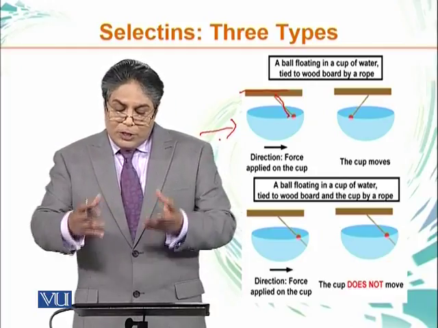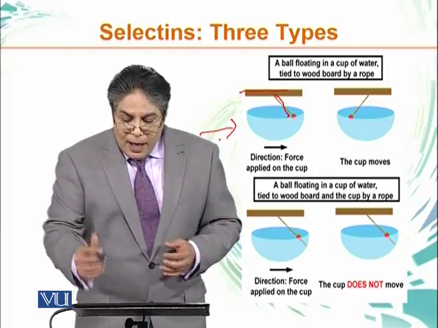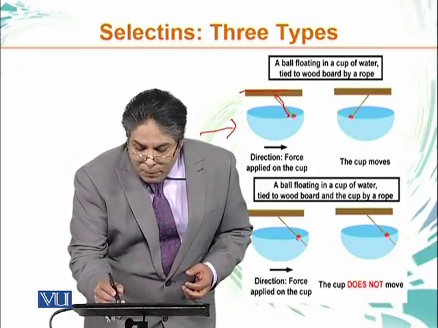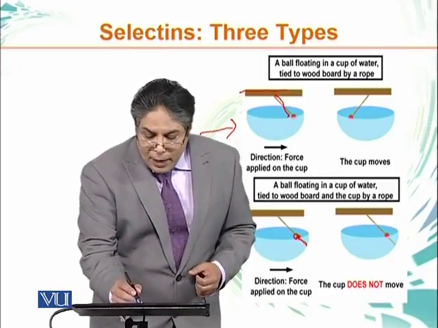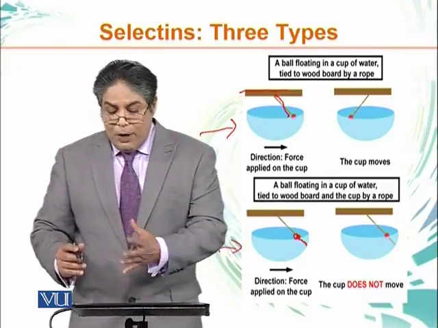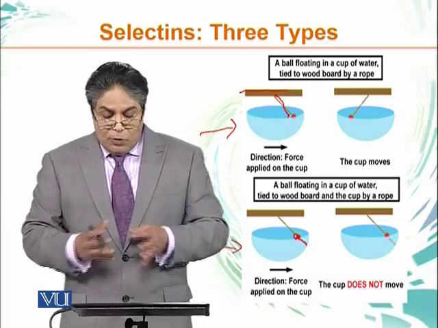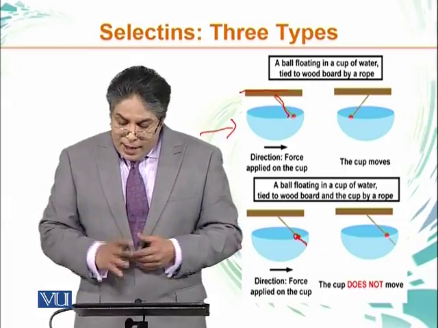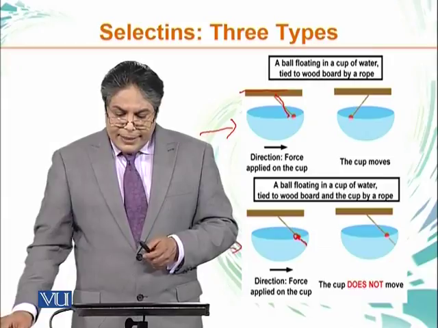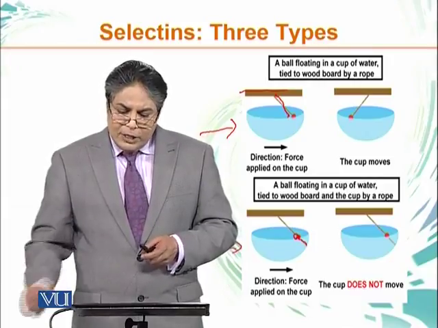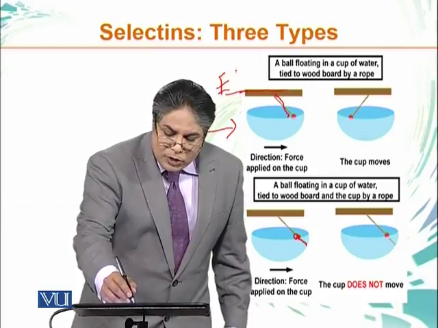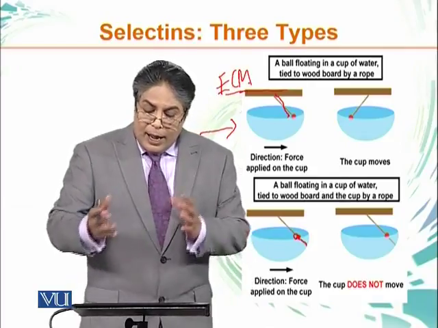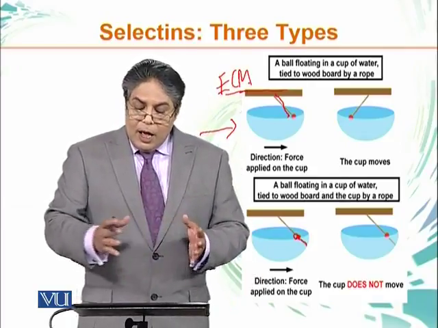Now if we do this experiment in a different way and bind this red ball with a string to the side of the cup, then if we apply the force, the cup will not move. That makes logical sense. In this analogy, the wooden board is basically the ECM, or the extracellular matrix, or any type of cell junction.